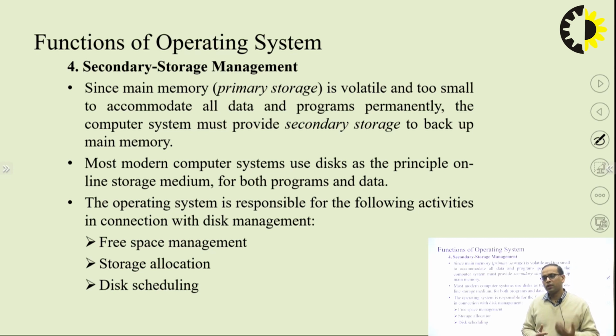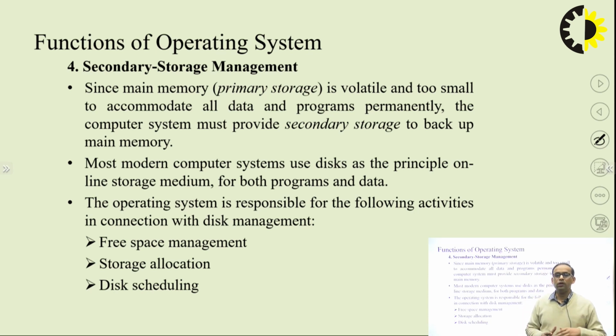But RAM is volatile. It means once your computer system has been switched off, all the data that was available in RAM will be erased. But when we have to store the data for future purposes, or permanently, we use the secondary storage, which means hard disk.